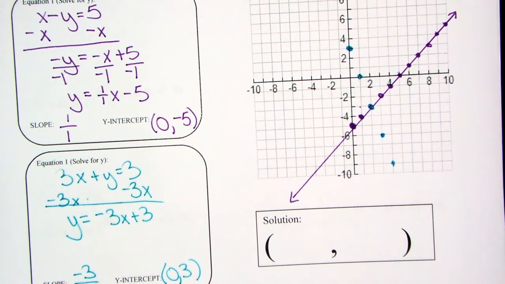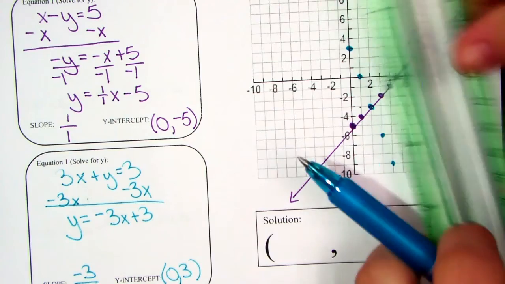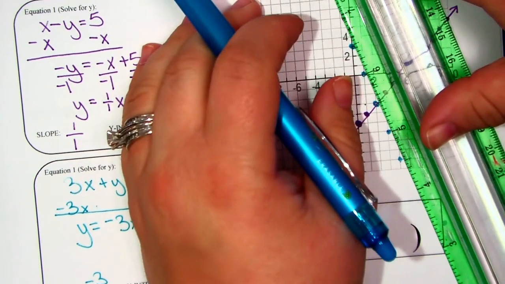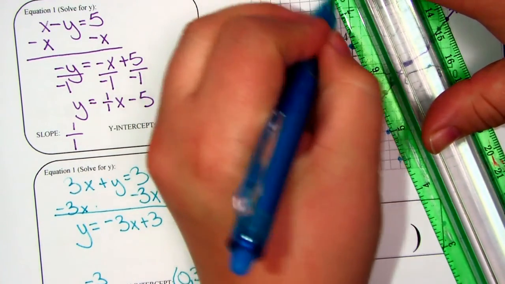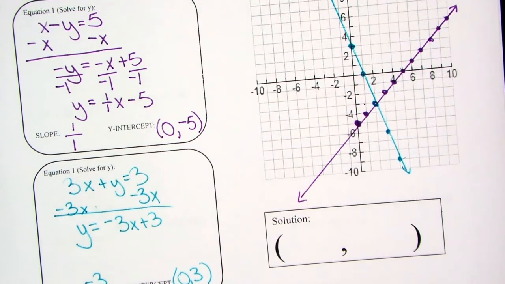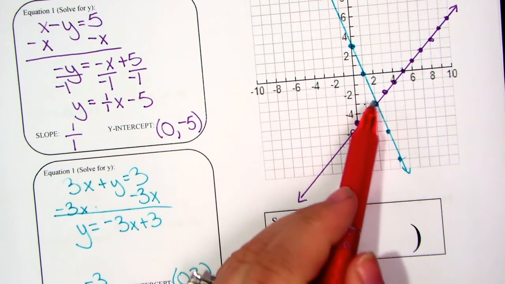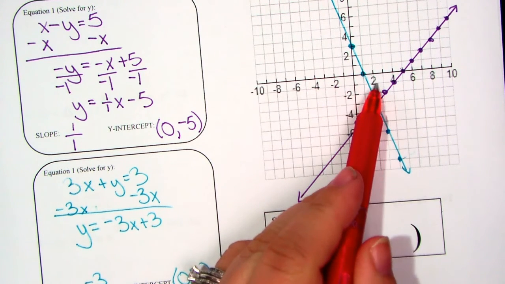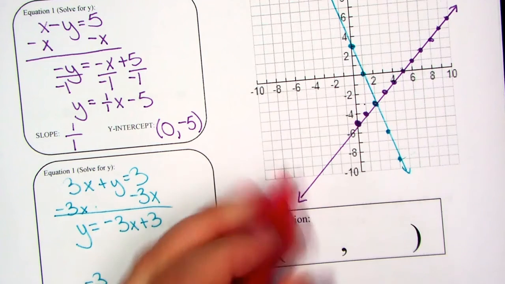And then use my straight edge to draw a line. The solution is the point that they cross at. It crosses at 2, negative 3.